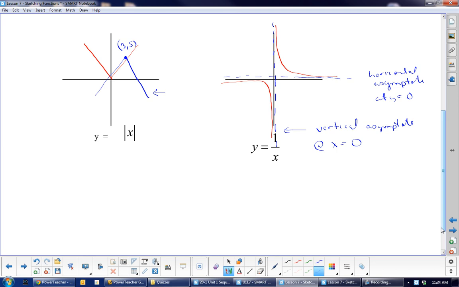It was flipped. So y equals negative absolute value. We also moved to the right, so that'd be x minus 3, plus 5. So that leads into the next, and that's transformed functions.